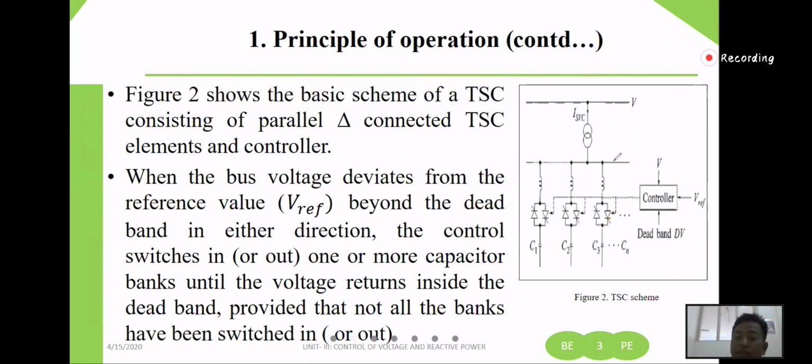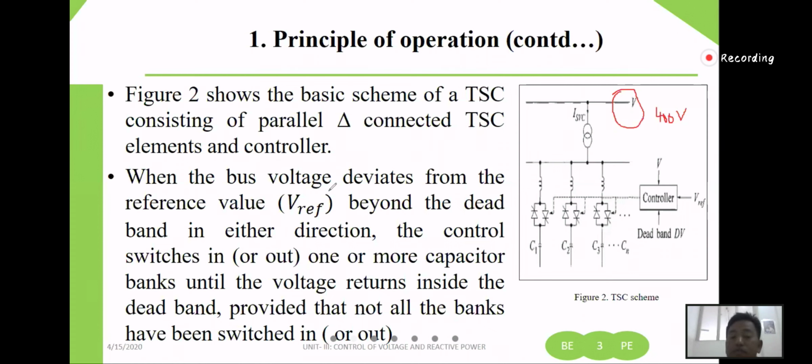Now let's say your bus voltage, for example, is 400 volt. I'm just giving an example; here it has been mentioned in terms of V only. So your reference voltage should be 400 volt, right? It has to be maintained at 400 volt.